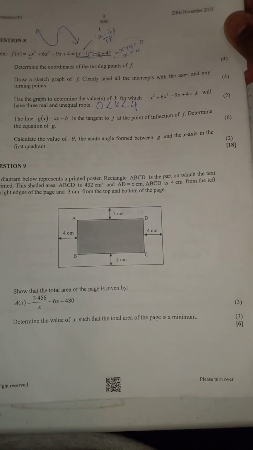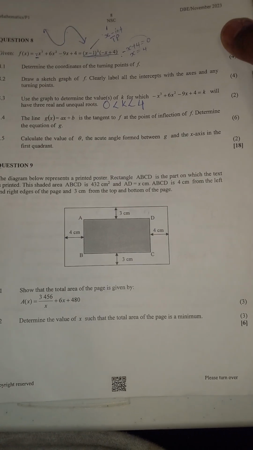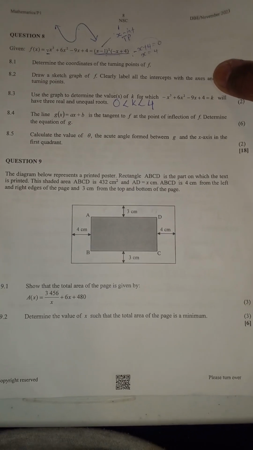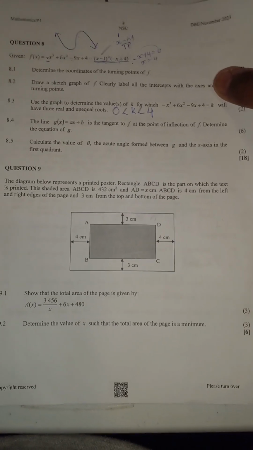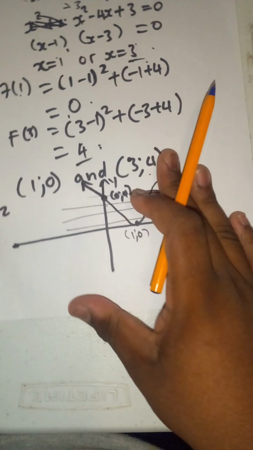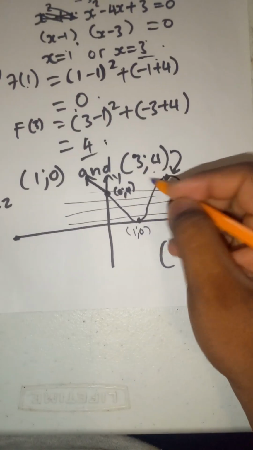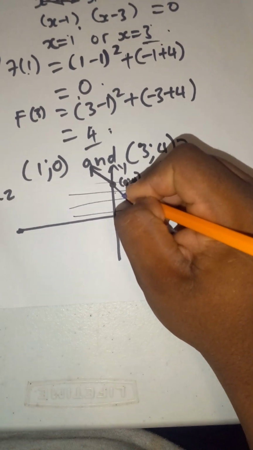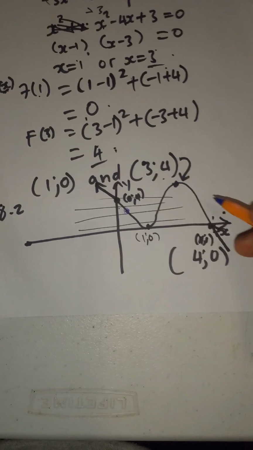What is it saying? The line g, which is close to that, is a tangent to f at the point of inflection. 6 marks. Determine the equation of g. So now check something there. What you must know is that it is the point of inflection. We must know the definition of the point of inflection.